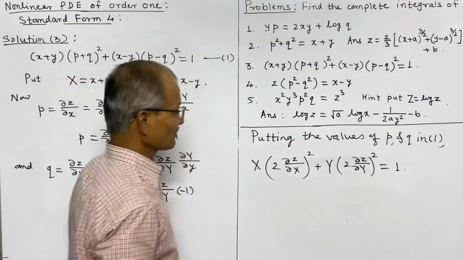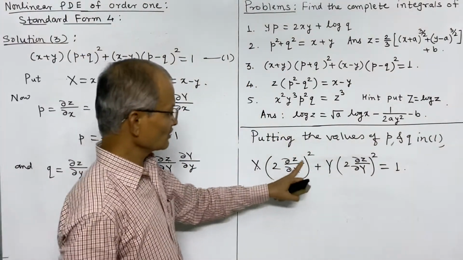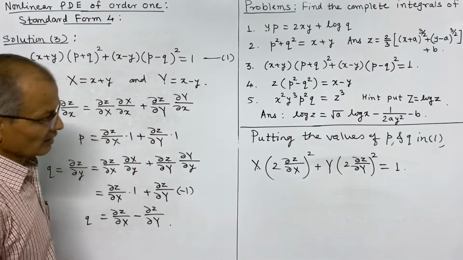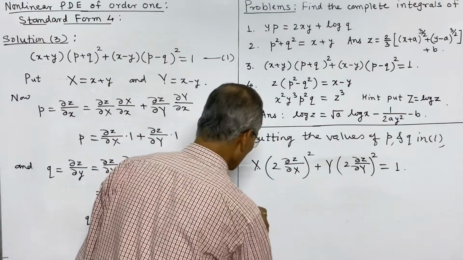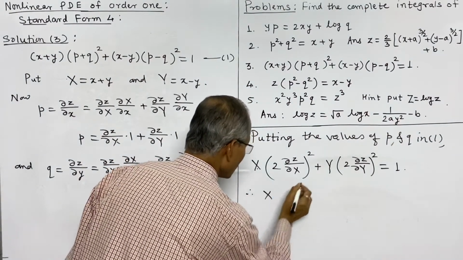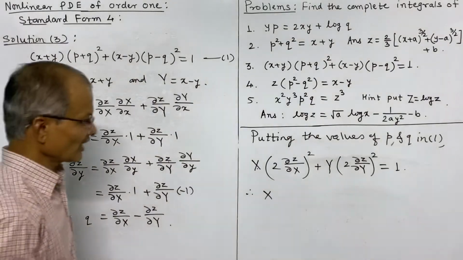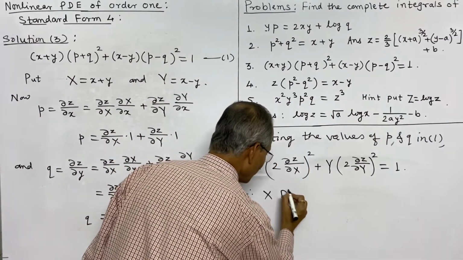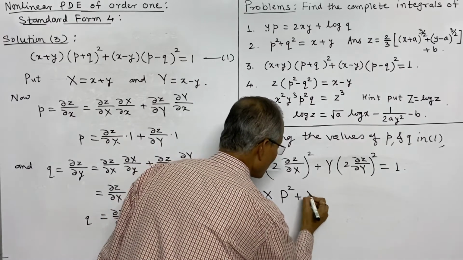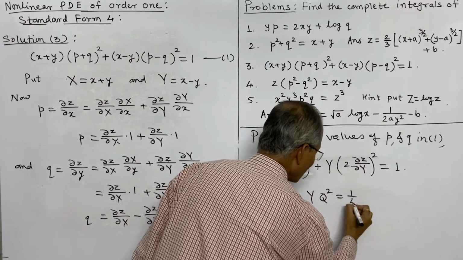Equation 1 becomes, that means we can now say here 2 square is 4, and we can transfer that 4 on the right side, and thus the equation is x into dou z by dou x whole square, and I shall write this term as capital P, x into capital P square plus y into capital Q square is equal to 1 by 4.